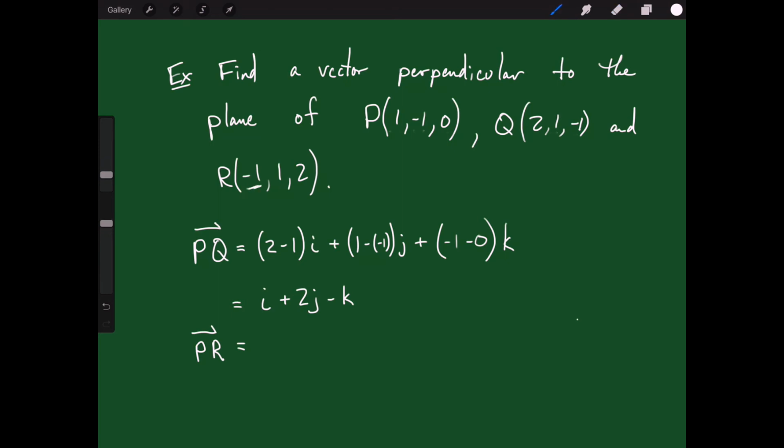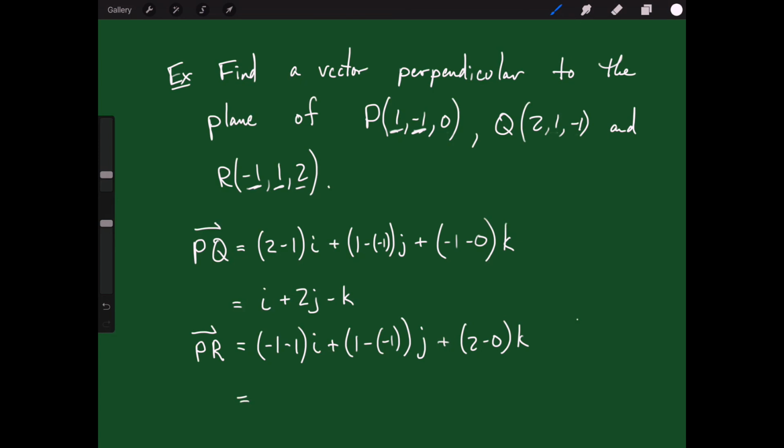So I start with the first component of r, minus 1, minus the first component of p, 1, i, plus the second component of r, 1 minus 1, j, and then I get plus 2 minus 0, k.